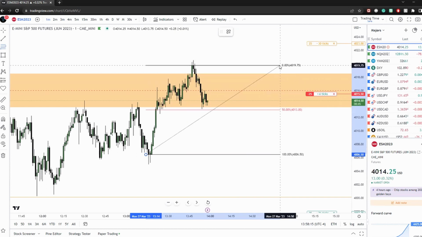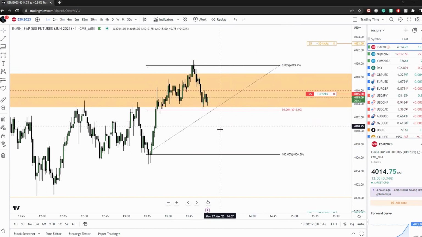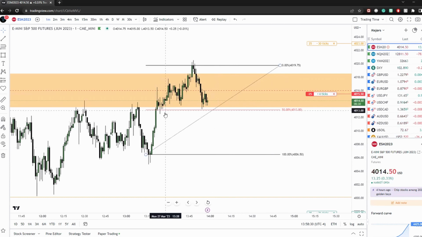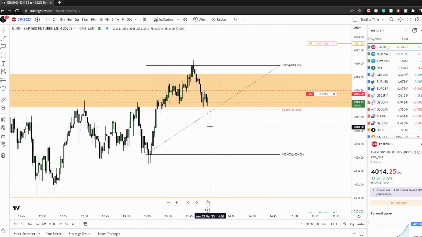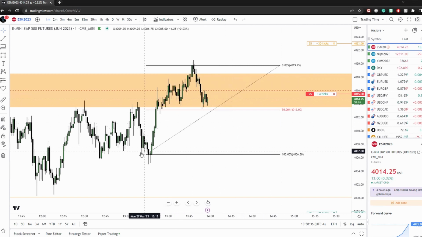So really want to see price move lower and run into this range first, and then see if we can take something off at these levels down here, right? Really want to see one nice move lower, take partials and let the rest run some more.